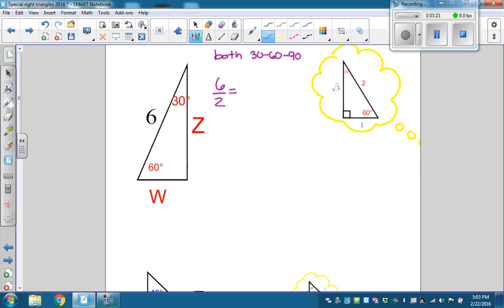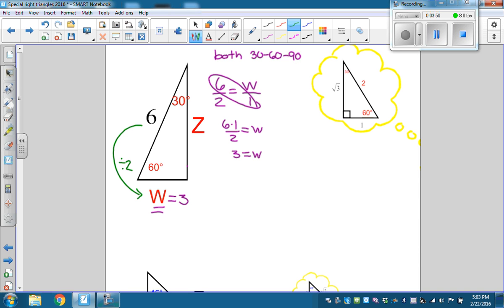So then to find the short leg, I can say W compares to 1 and solve the proportion. 6 times 1 divided by 2 is equal to W, so W is 3. The other property that we talked about in class was that to get from the hypotenuse to the short leg, the quickest way is just to divide by 2, although you can do a ratio proportion, if that's helpful.